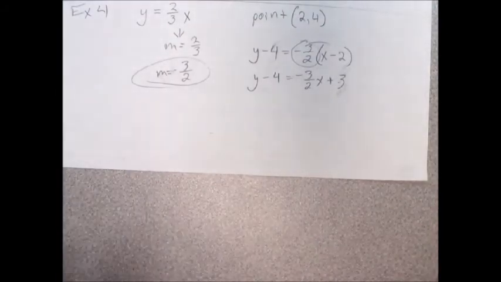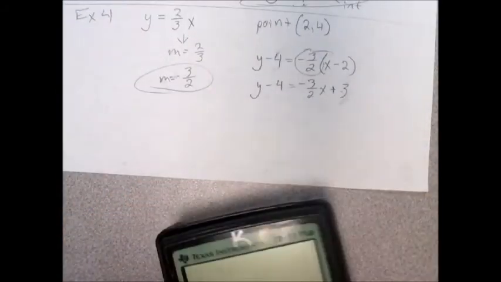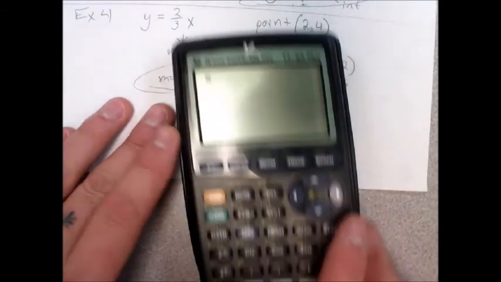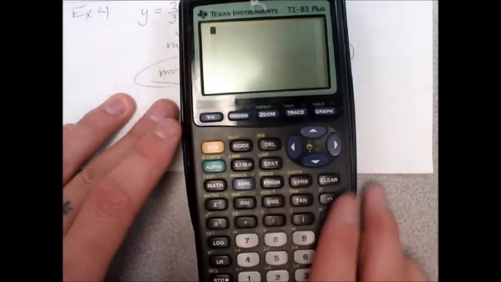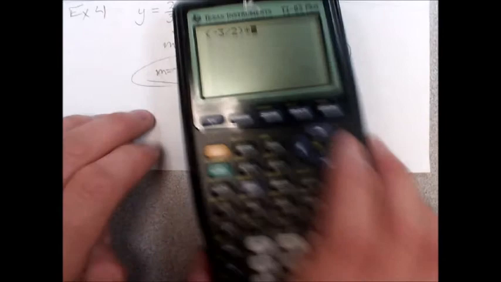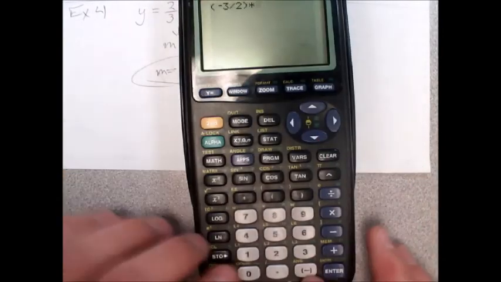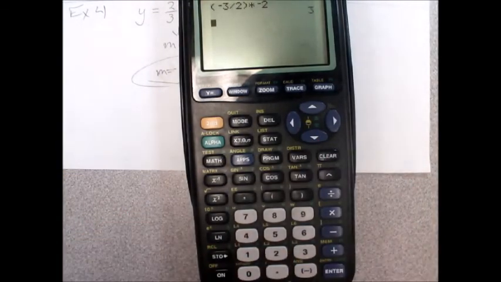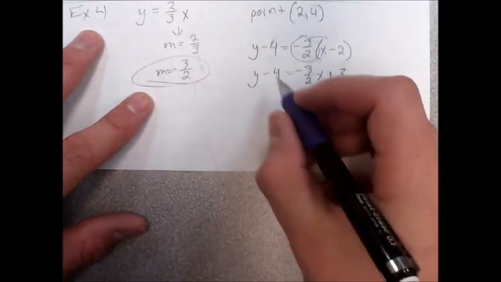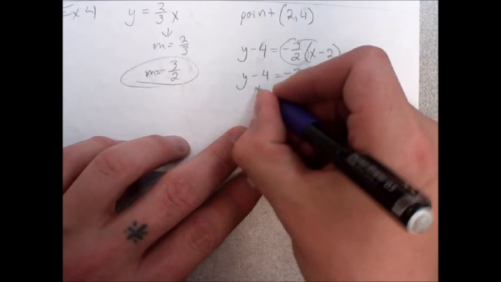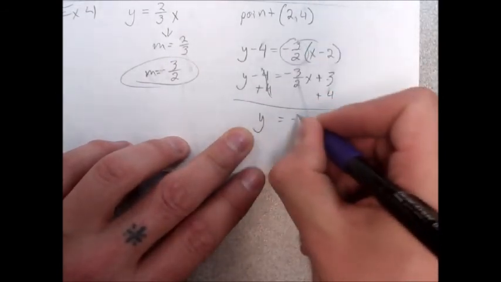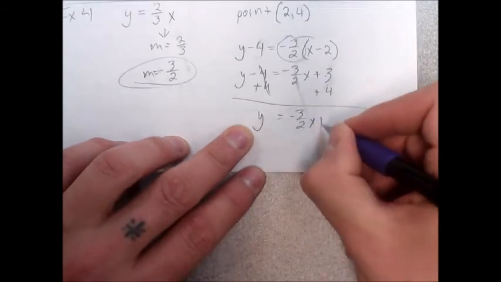If you don't know how to multiply fractions for some reason, you just suddenly forgot everything you've learned in middle school, you can do it on your calculator. You take negative 3/2, and you multiply it by your negative 2. Press enter, blam, it spits out an answer for you. Okay, moving on, I need to get y by itself, so I add 4, I'm isolating my y here, negative 3/2 x plus 7, and I'm done.